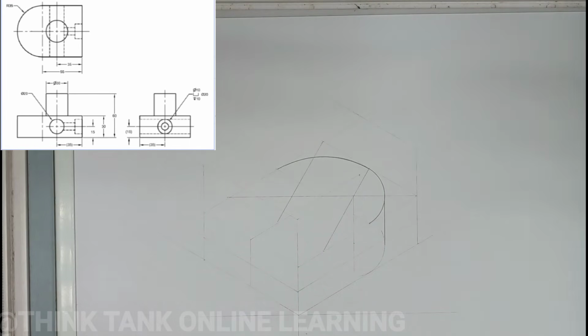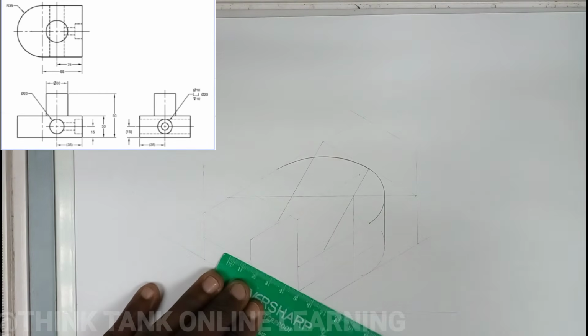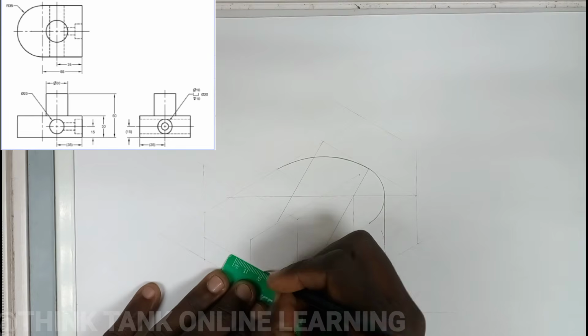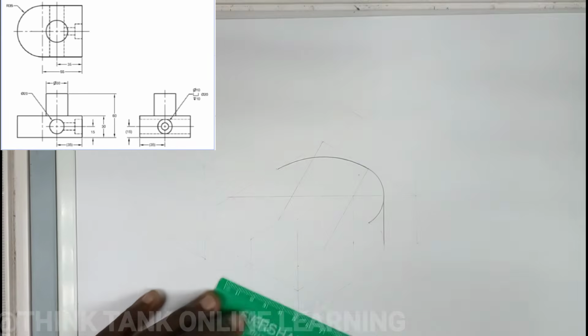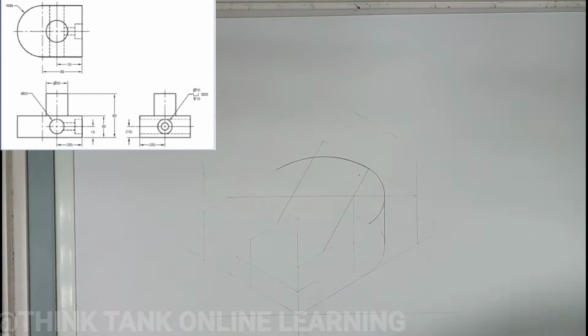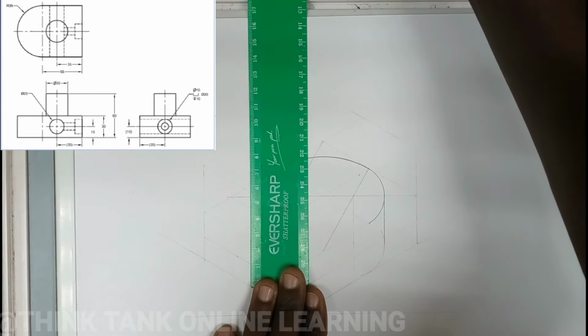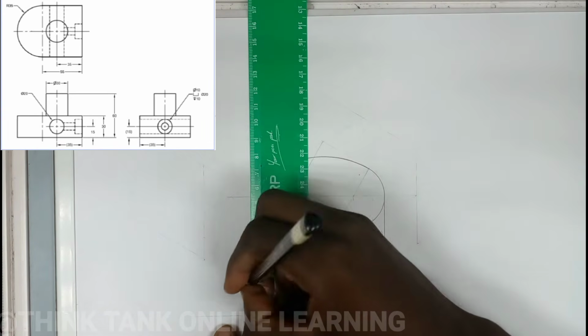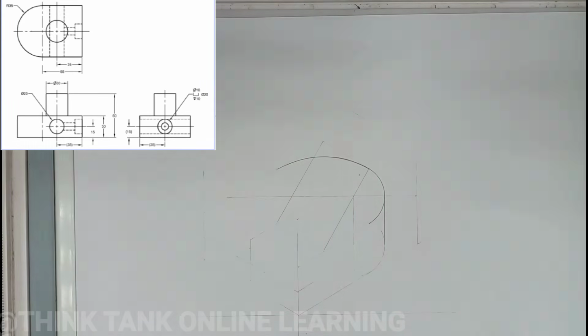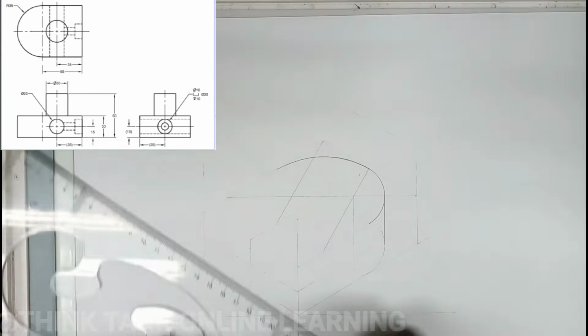I want to draw a circle of radius 10, the bigger circle first, because the bigger the circle, the easier it is. So I'm going to construct a square of size 20. This is 10, 10, and here I'm going to do the same, 10, 10. Take a set square.